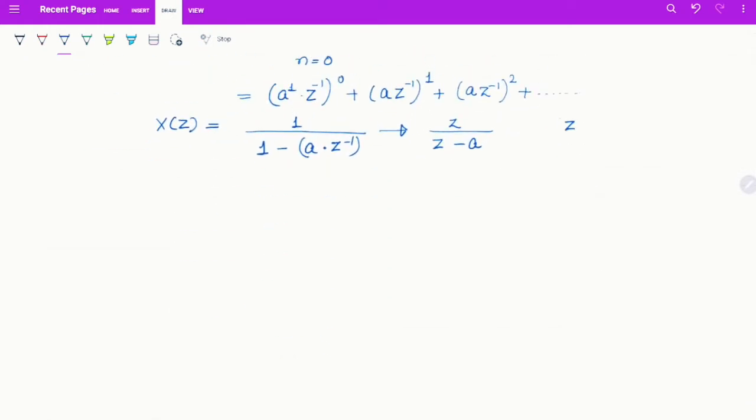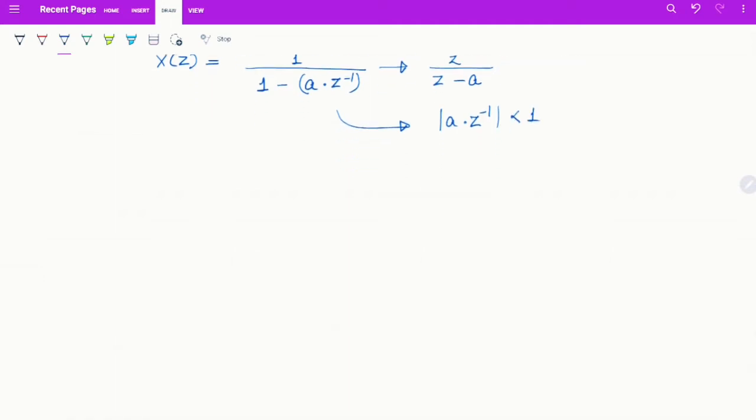So for the right sided signal, mod of a into z inverse should be less than 1. So it should be a by z less than 1, or we can say mod of a is less than mod of z, or mod of z is greater than mod of a.